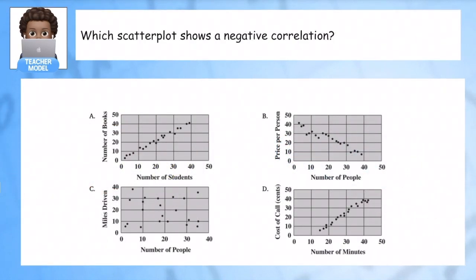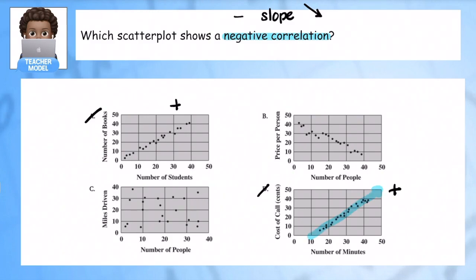Okay, in our multiple choice question, we want to find a scatter plot that has a negative correlation. So automatically, when we hear a negative, we want almost like a negative slope. So we know that somehow our graph is going to go down. So just looking at it, I can automatically get rid of A because it has a positive correlation, as well as D. D also has a positive correlation, and my highlighter can help us see that.